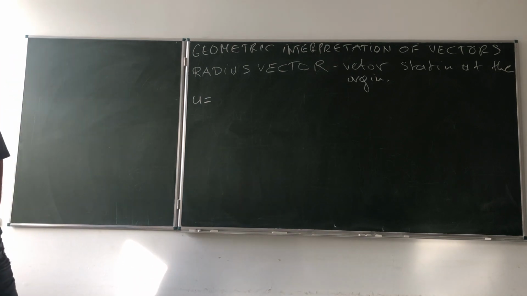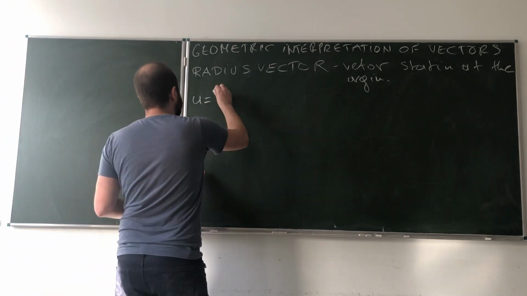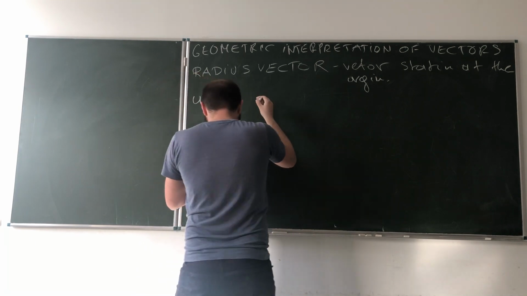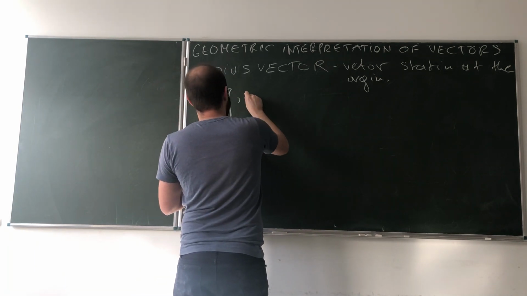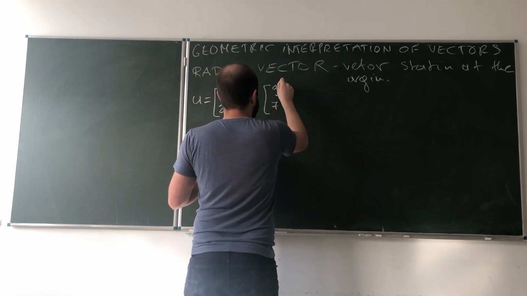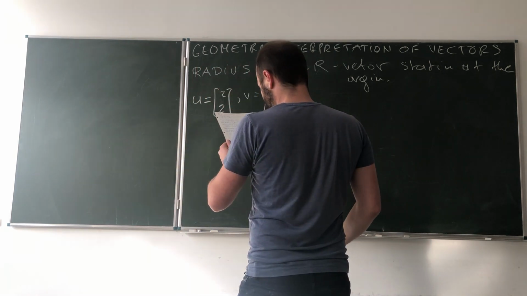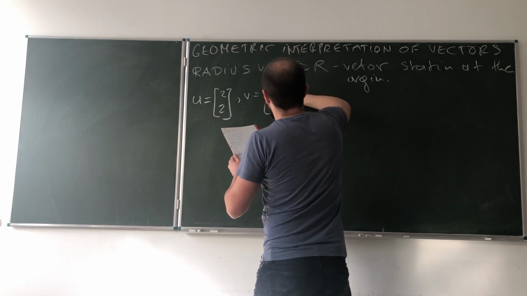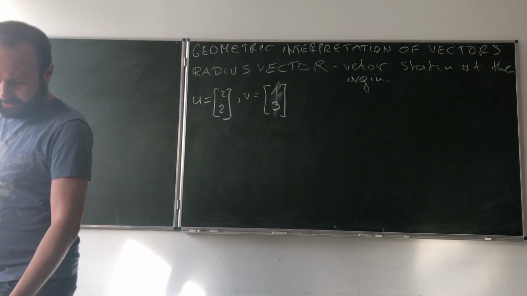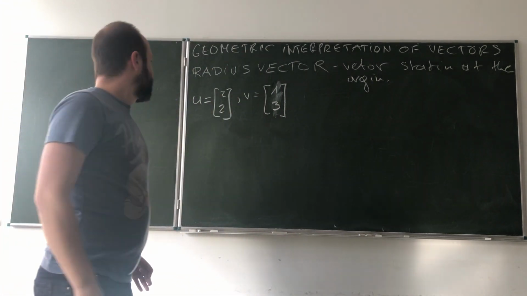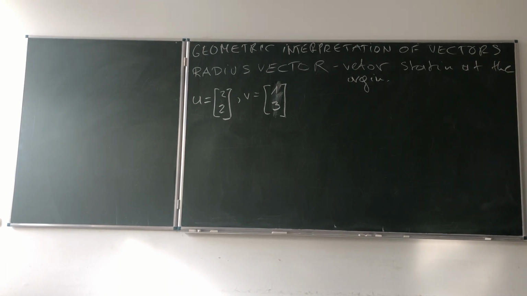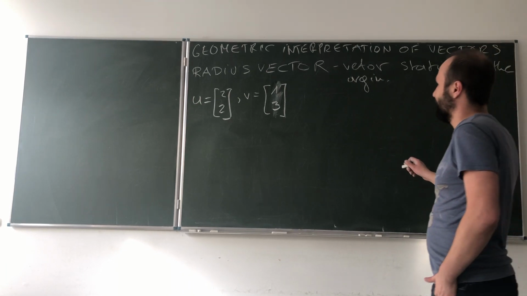Vector u is 2, 2, and vector v is 1, 9. Okay, so look, first let's just draw those vectors in the coordinate space.